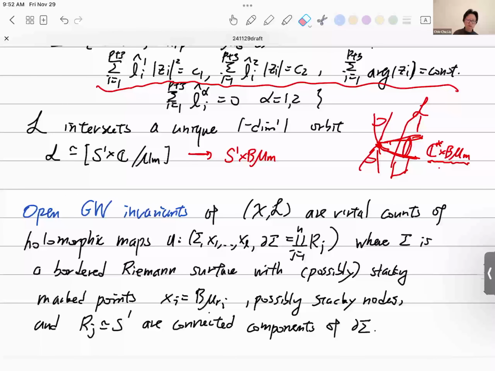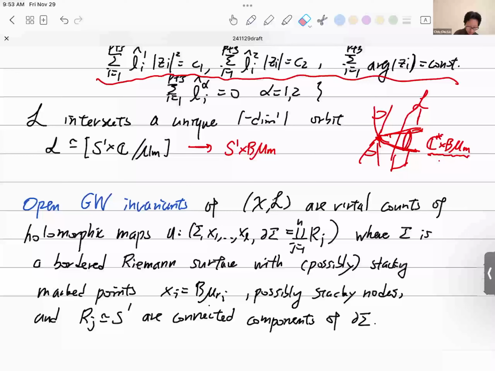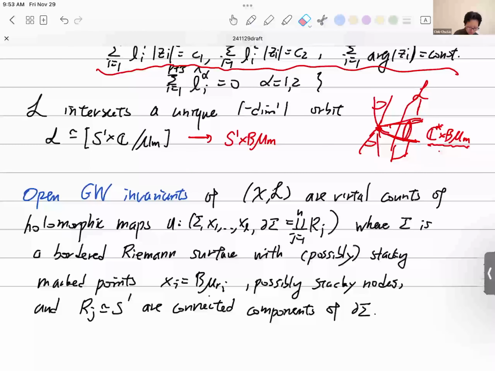To define our invariants, we don't put marked points on the boundary, so all the marked points are in the interior. We only allow stacky points at the nodes, and at nodes again we require this balanced condition. The marked points can be stacky, but otherwise the other points are scheme points.